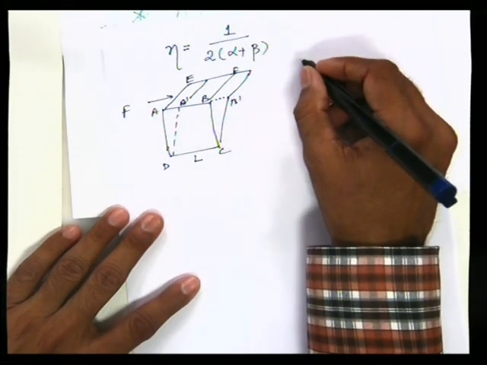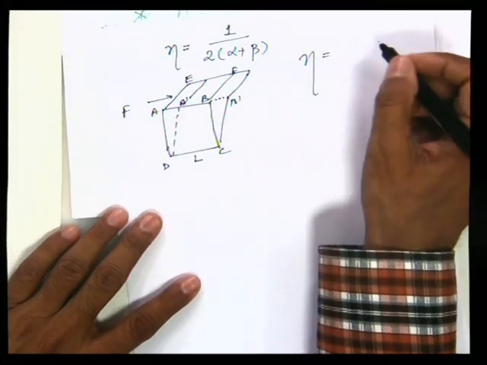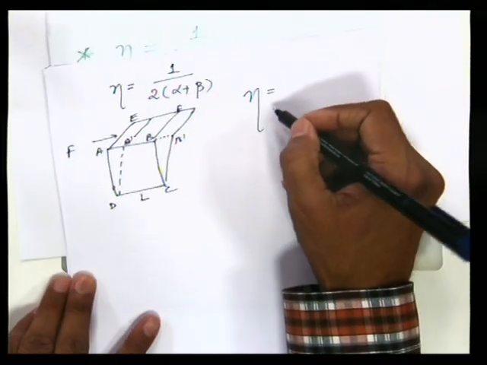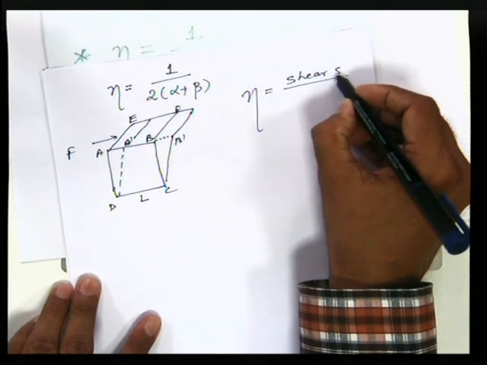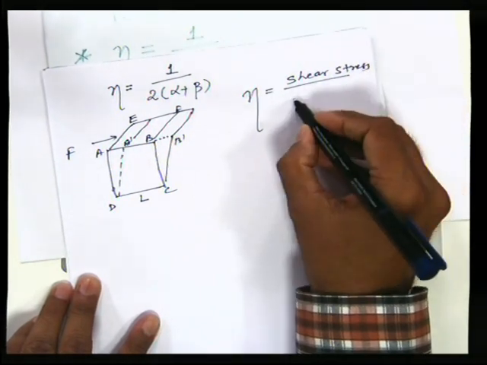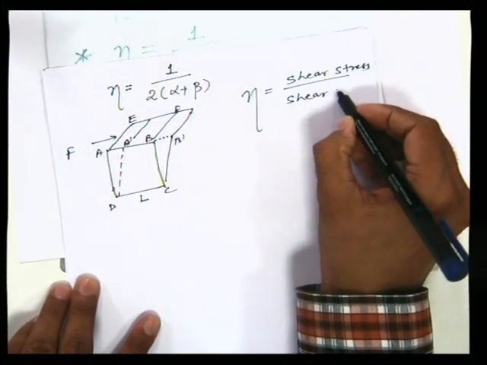Okay, so here according to the definition of modulus of rigidity, eta equals shear stress divided by shear strain.